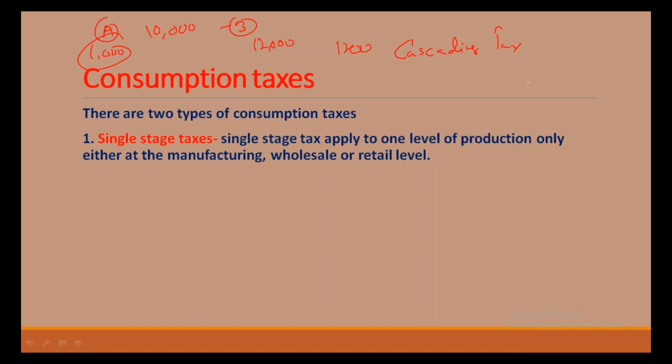When you sold it for 10,000, the real selling price was 9,000. You got another 1,000 from me for taxes. So when I pay the 1,200, I can claim whatever you have paid.